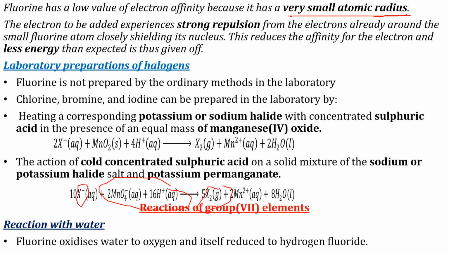But after oxidizing, it gets reduced to its lowest oxidation state. Like this acidified potassium manganate(VII), or potassium permanganate, after oxidizing, it gets reduced to manganese(II). So from manganese(VII), it goes to manganese(II). This one which is oxidized goes to a gas from the aqueous state.